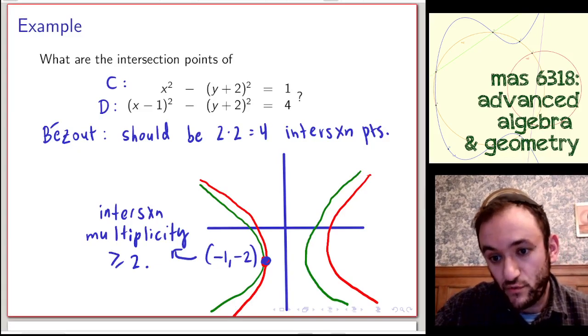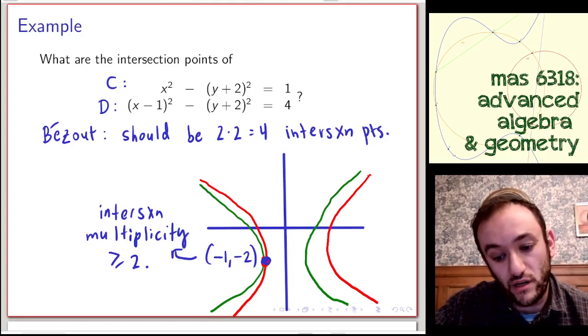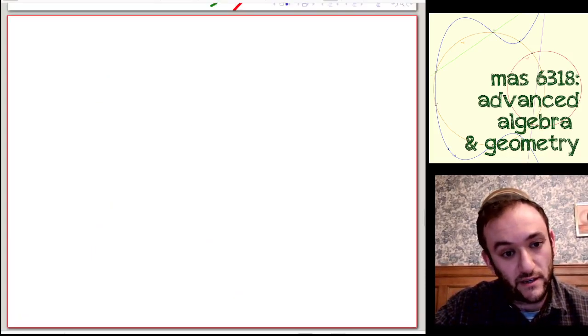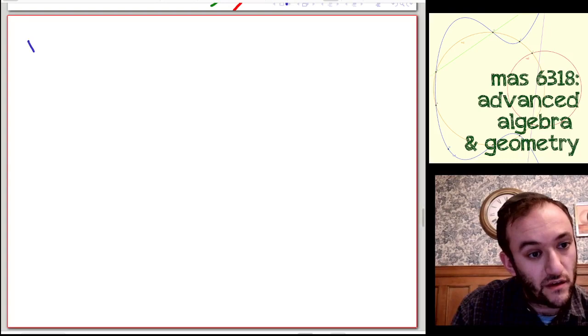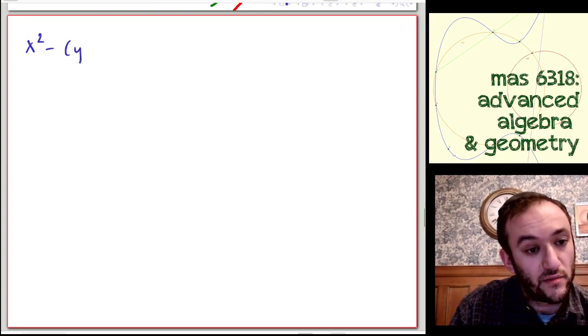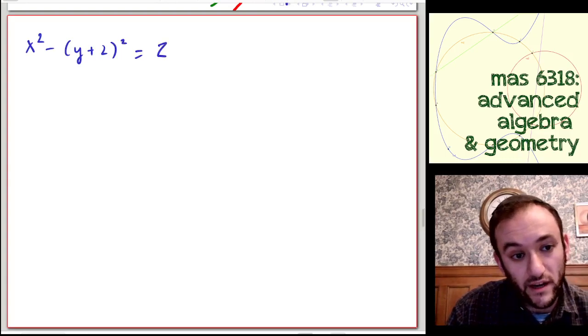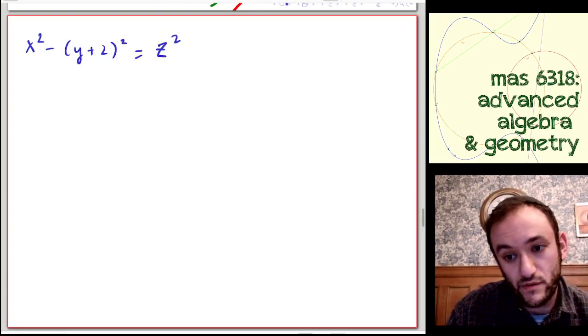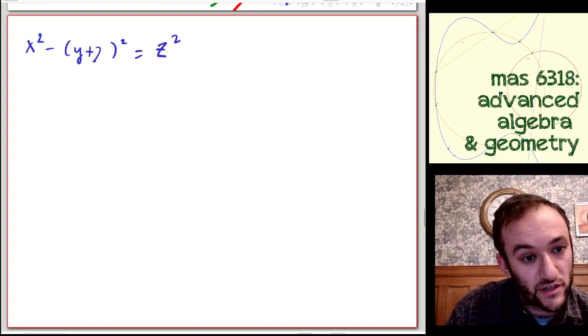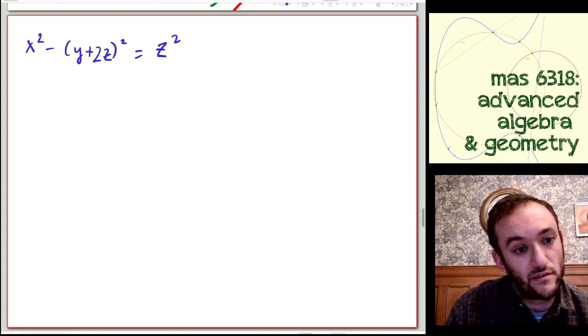The first thing we're going to do is to homogenize and see if we can understand what our solutions will look like. So we have x squared minus (y plus 2) squared equals 1. That becomes z squared. Okay, and (y plus 2) squared should be (y plus 2z) squared.